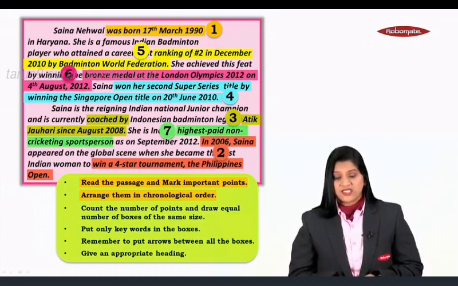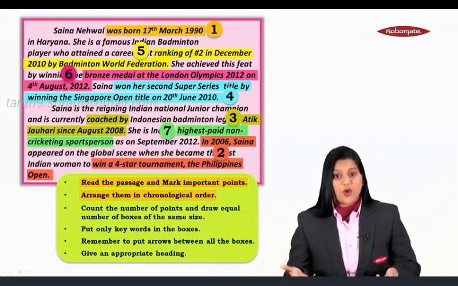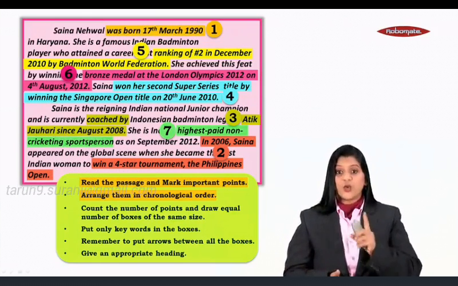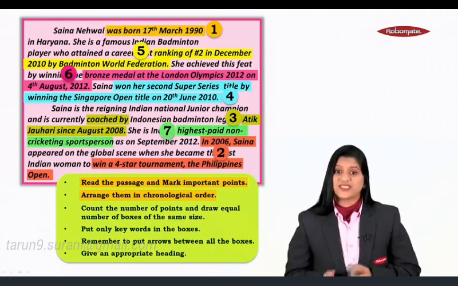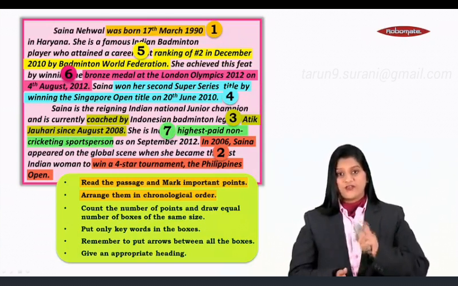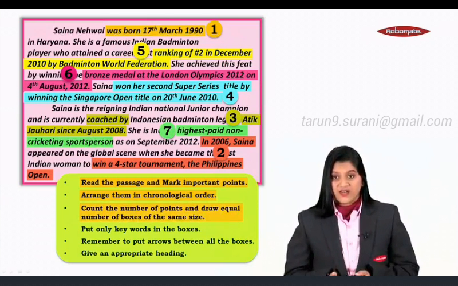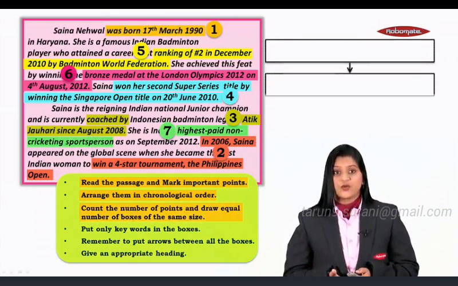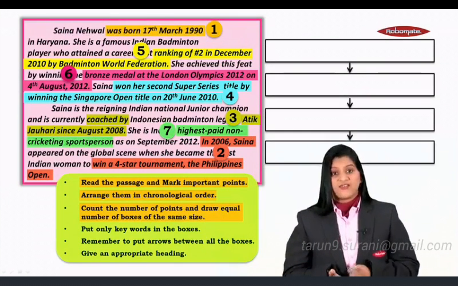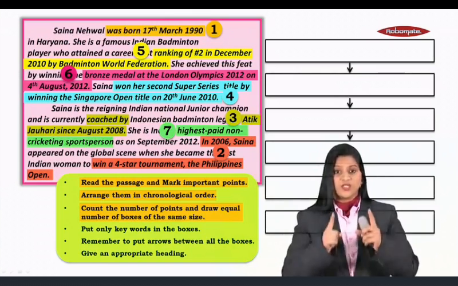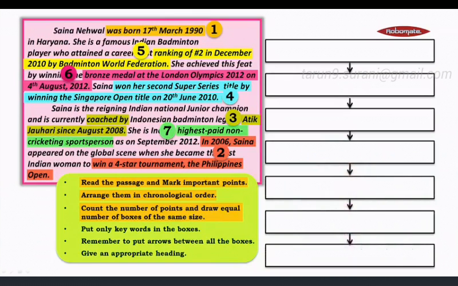The next point is, count the number of points and draw an equal number of boxes of the same size. Over here we can clearly see there are 7 points altogether. So you are going to first count points. If there are 7 points, you will draw 7 boxes in all.